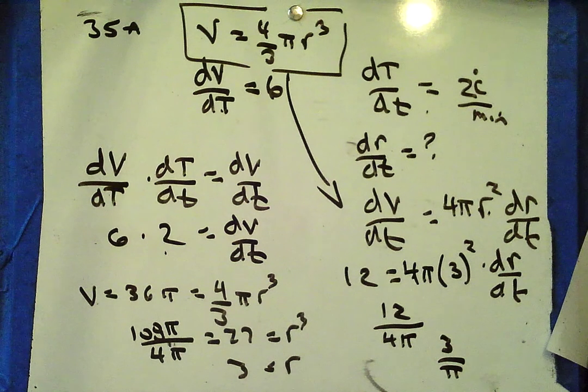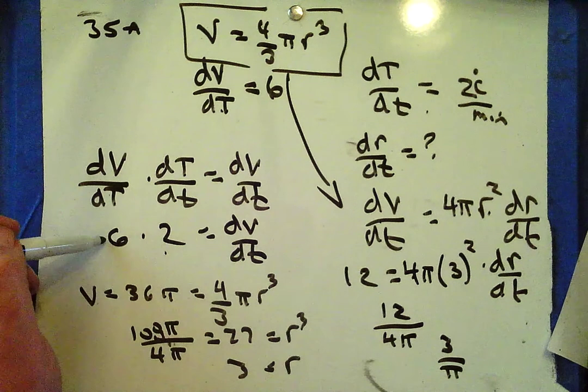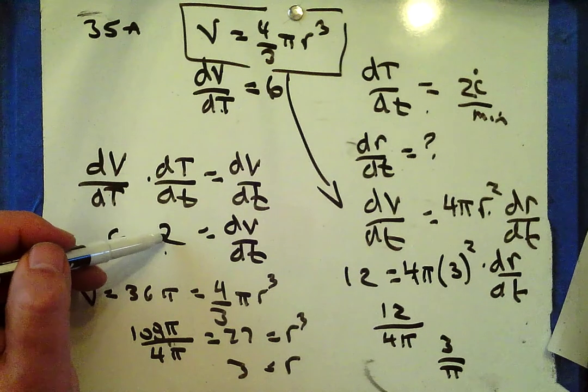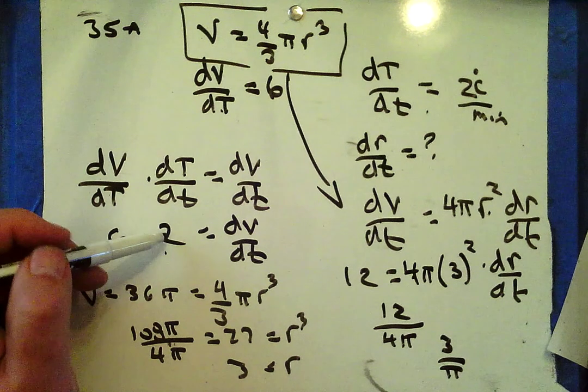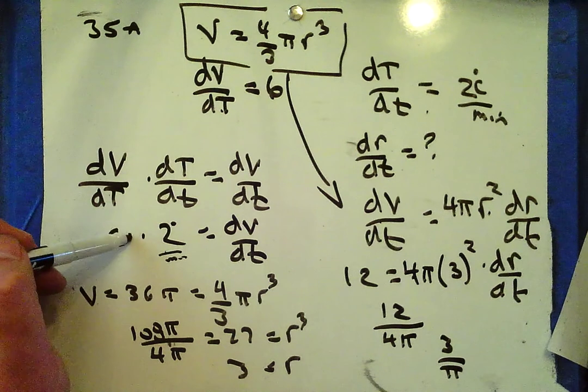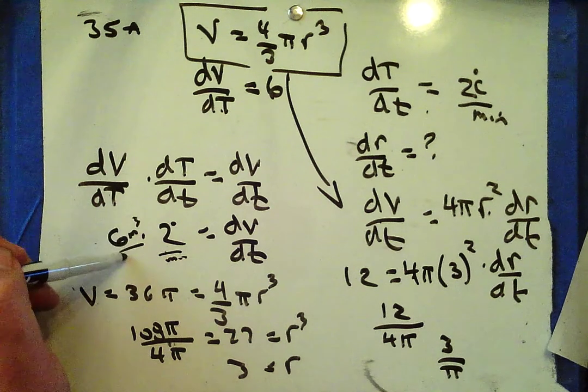Okay, the temperature increases at a constant 2 degrees per minute. Yes. The spherical balloon increases 6 cubic inches for each degree. 2 degrees per minute, and this is inches cubed per degree.